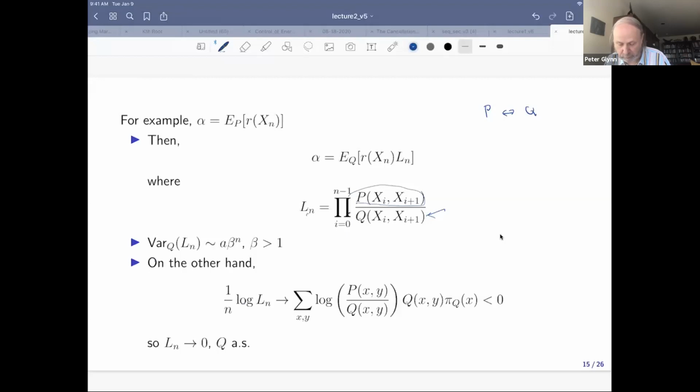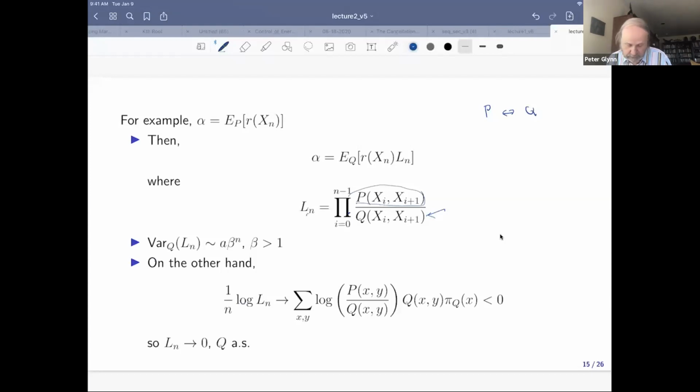Laws of large numbers for Markov chains apply in great generality. And what one sees is that you end up with an entropy type limit in which this entropy quantity is less than 0. Now, what's that saying? That's saying the log of Ln divided by n converges to a limit that is less than 0.